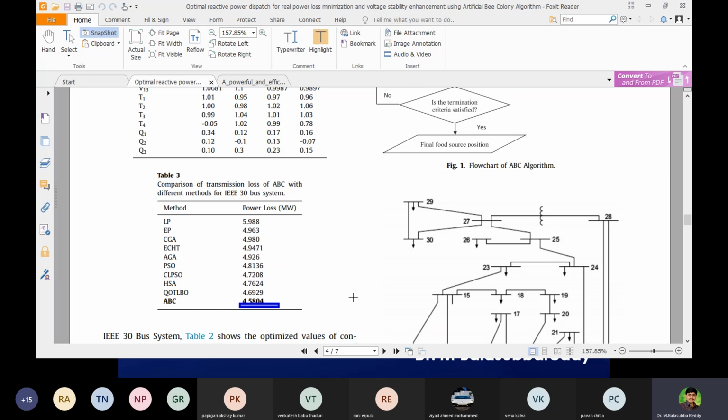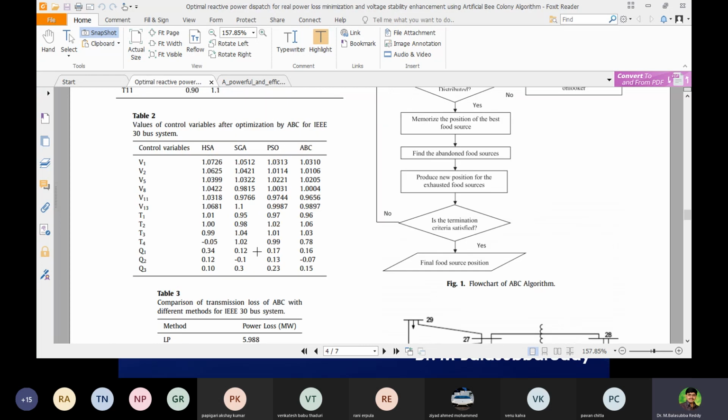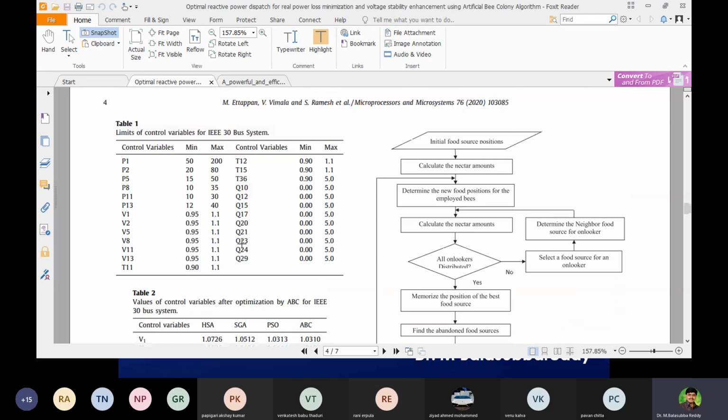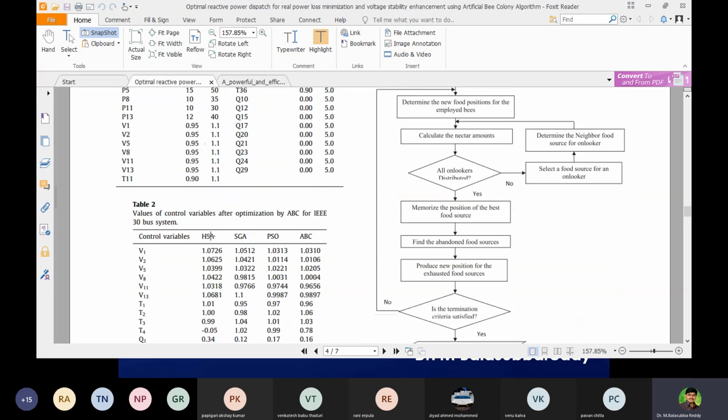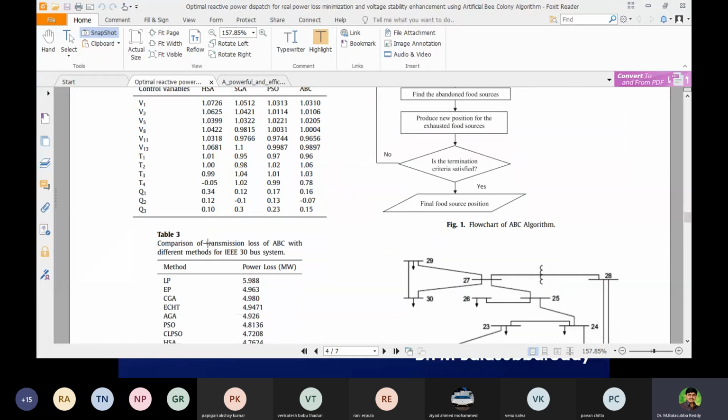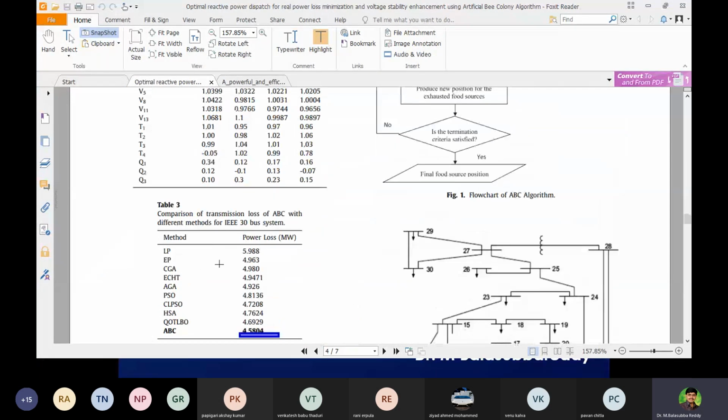That result will show that suppose generator 1 is generating this much power. I think, yeah, the generators' results are not mentioned here. So if generator 1 is generating this many megawatts, generator 2 this many megawatts and so on, if you are able to find these values using this algorithm, the loss is going to be minimized compared to other existing algorithms.